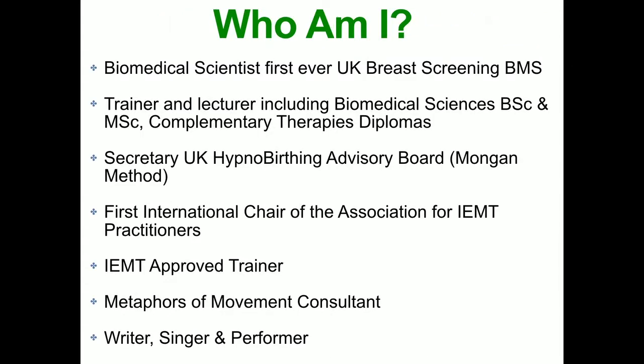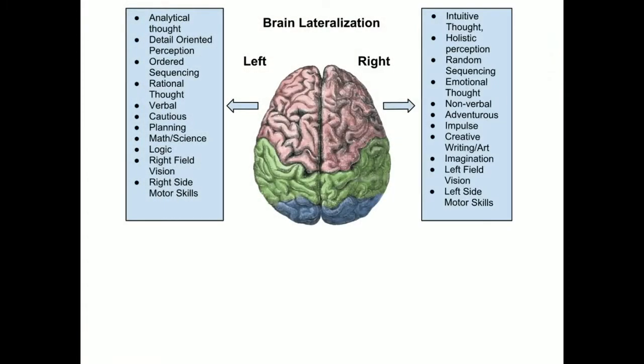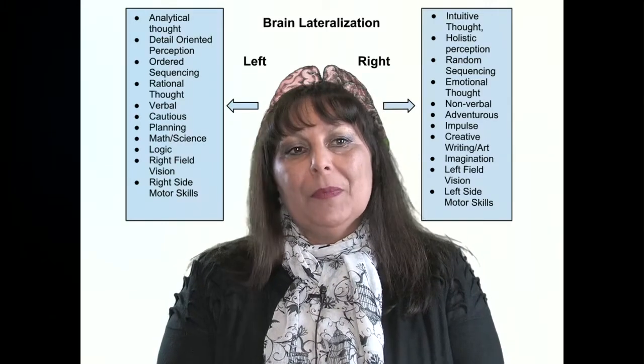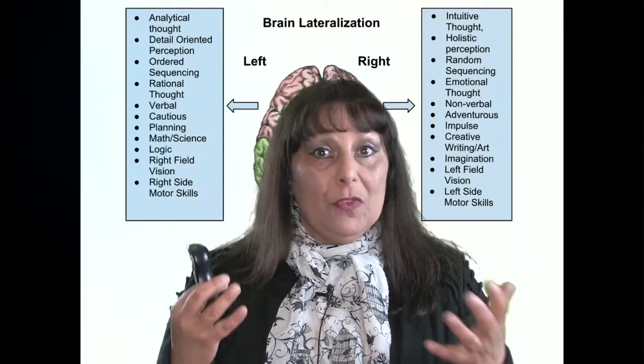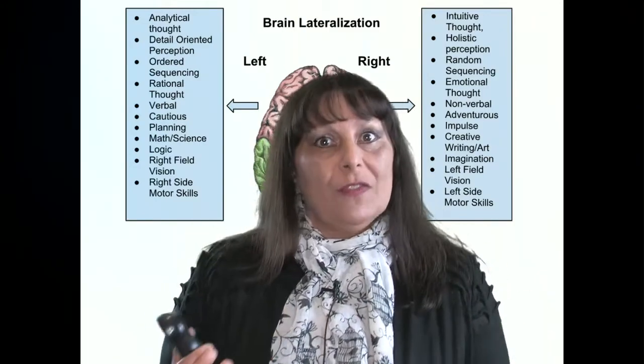So you've already heard a little bit about me, so I don't need to labour this slide at all. Let's get into looking at the brain, really. What we are concerning ourselves with in IEMT is how the brain connects to eye movements. That's part of it.